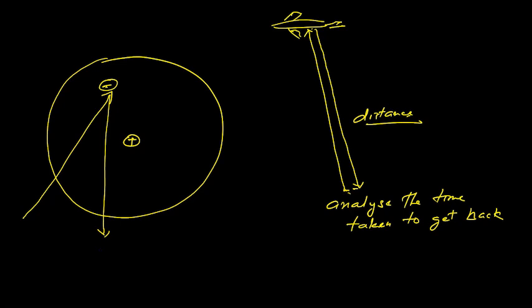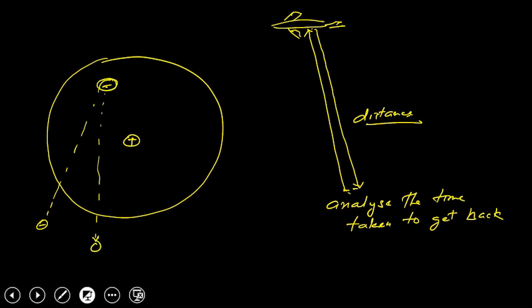All the particles we use are heavier than the electron. So even if we send one electron to strike and come back, it will deviate this electron because the electron will have the same mass.